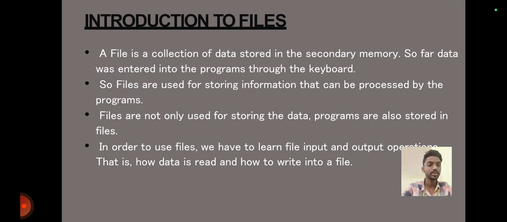Files are used for storing information that can be processed by the programs. Files are not only used for storing data, programs are also stored in files. In order to use files, we have to learn file input and file output operations, that is, how data is read and how to write into a file.